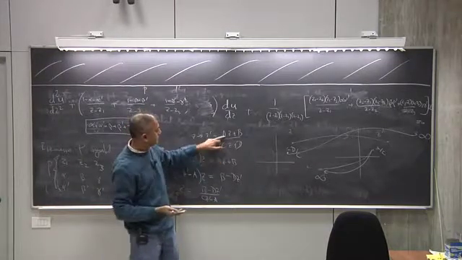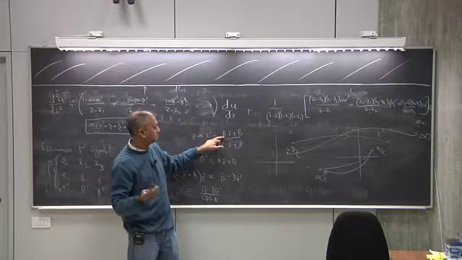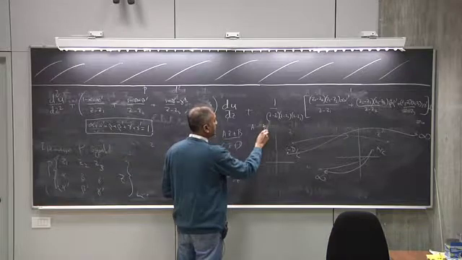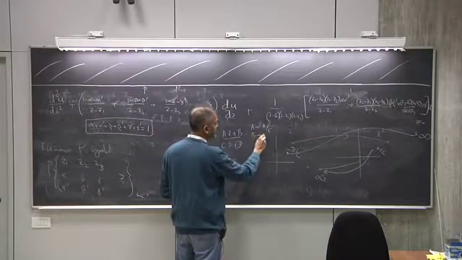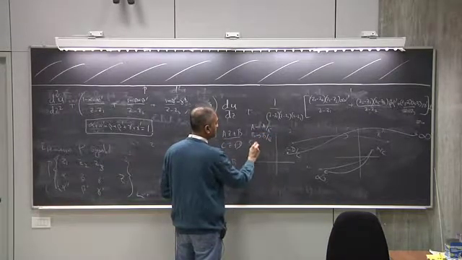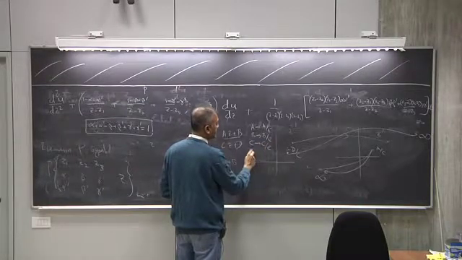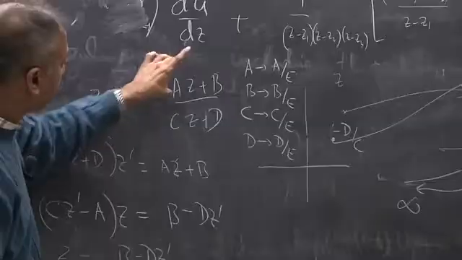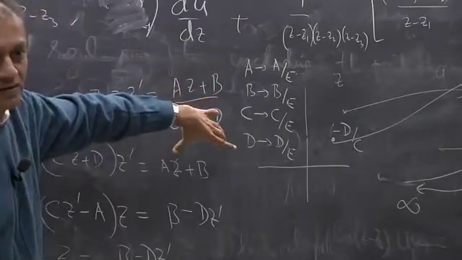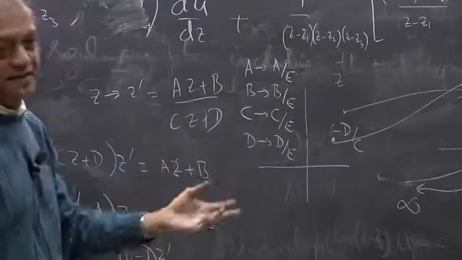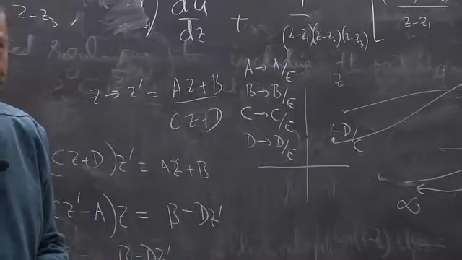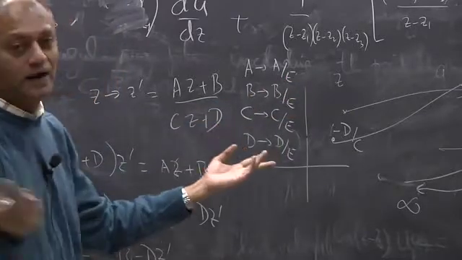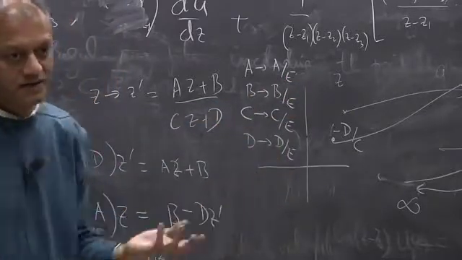Suppose I divide by some E. A goes to A divided by E, B goes simultaneously to B divided by E, C goes to C divided by E, and D goes to D divided by E. Nothing happens because the 1 over E in the numerator cancels with the 1 over E in the denominator. So really it's not 4 parameters, actually 3 complex parameters, because by using this E, I can always set one of them equal to 1.